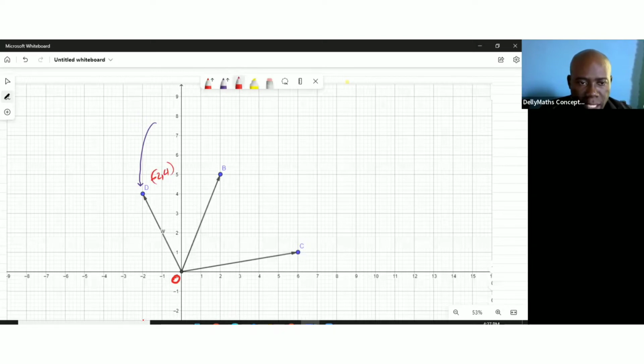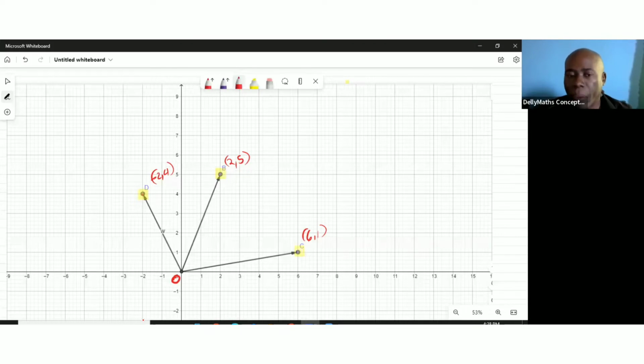So -2 on the x and 4 meets right there at D. If you look at the points B and C, the coordinate of B is (2, 5), and the coordinate of the point C is (6, 1). So we have these coordinates.